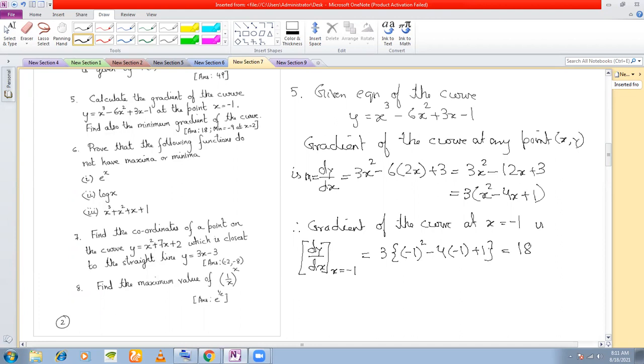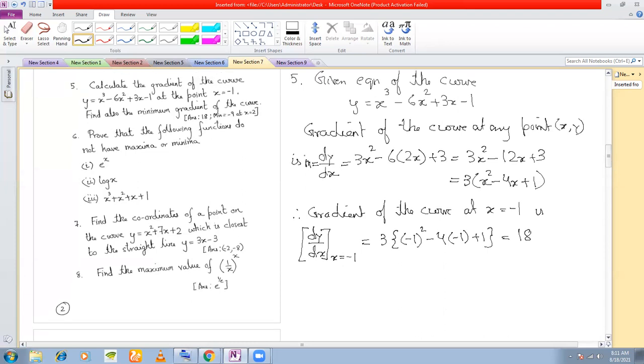And the next part states: find also the minimum gradient of the curve. Now see, the gradient of the curve at any point (x, y) here is dy/dx, which is equal to m, as we have taken.